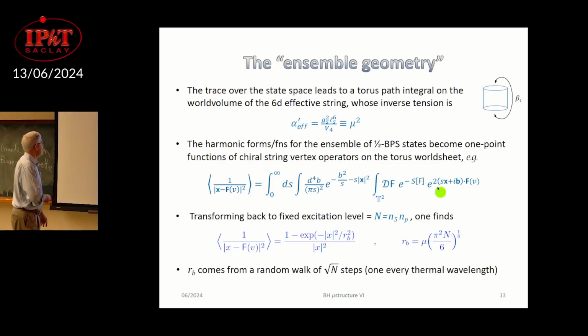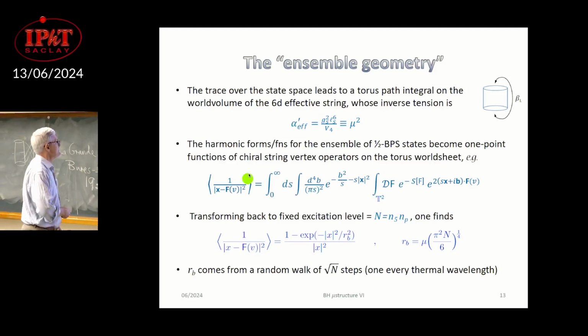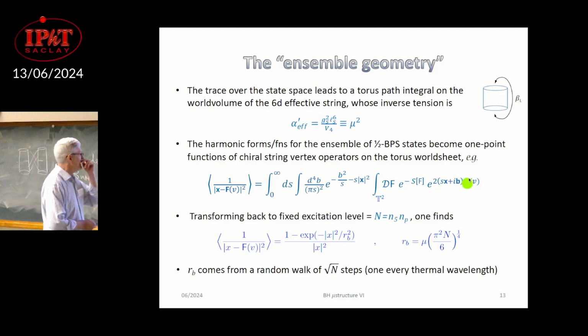I'm interested in evaluating this harmonic function. So to process it into something which is more convenient for string theory, I do some kind of integral transform to make it a torus one-point function of a standard string vertex operator.